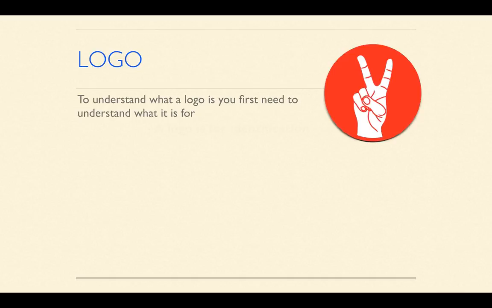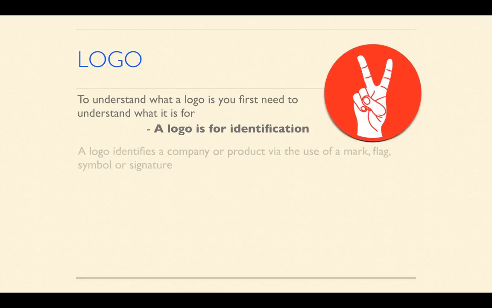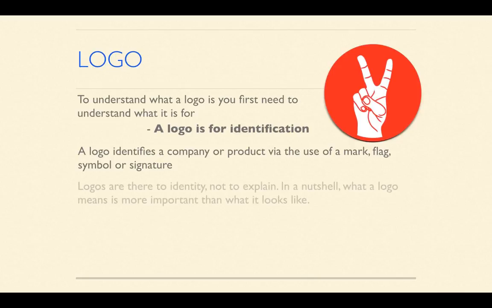To understand what a logo is, you first need to understand what it's for. It's for identification. So it's not an identity, but it's for identification. It identifies a company or product via the use of a mark, a flag, symbol, or signature, like the swoosh. They're there to identify.